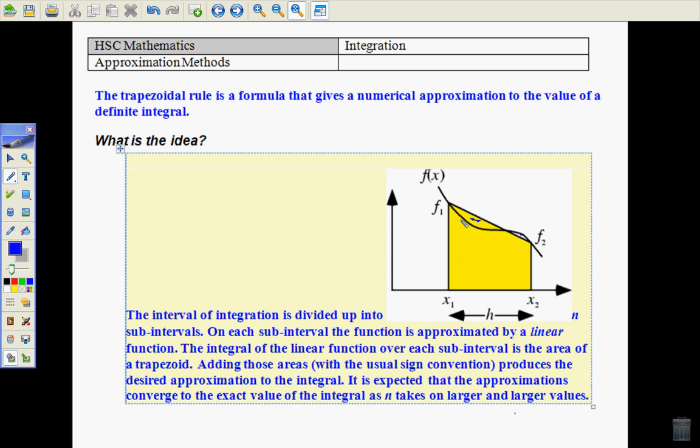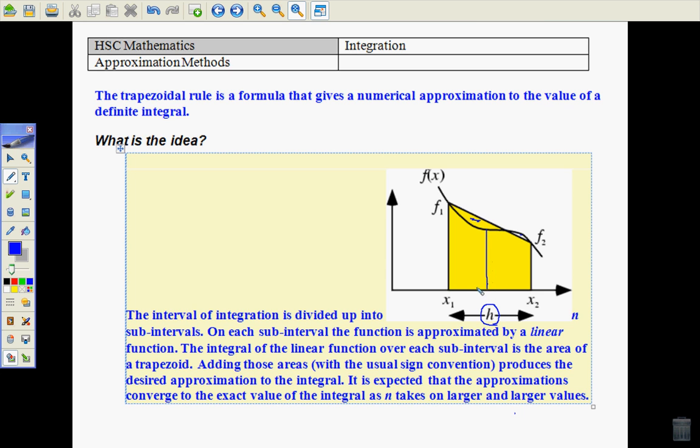So what we're really doing is creating what we call a linear function, just drawing a straight line between two function points. But we're creating a number of trapezium. All our trapezium are going to be the same distance apart, so we get the idea of what we call h, which is our common distance. So we can draw a number of strips here.